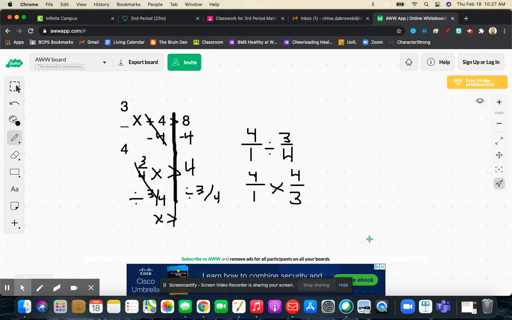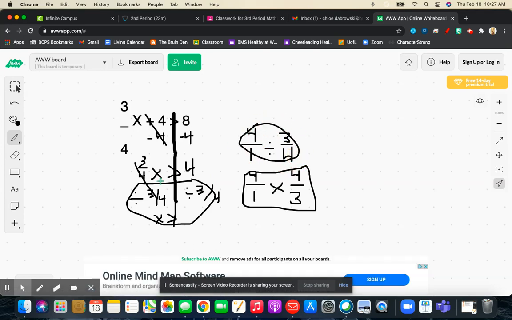The reason I said there's one process that we would do first is because we want to get to this step without having to do any of this mess or this part up here. So in order to do that, let me get my large eraser here.